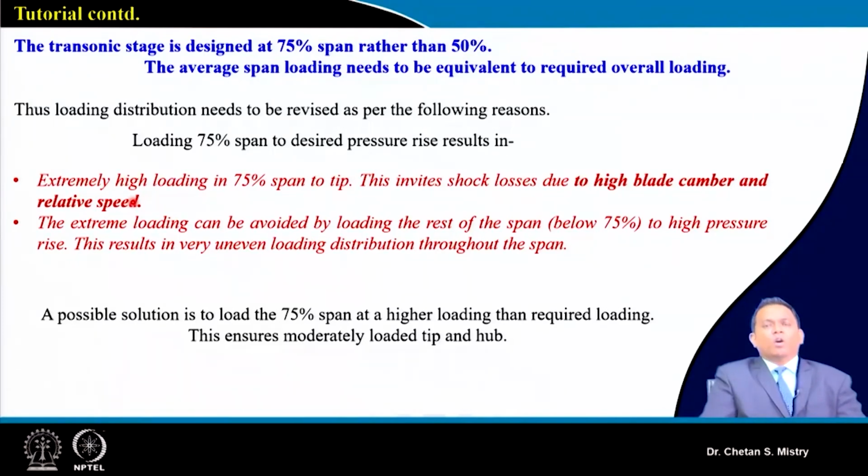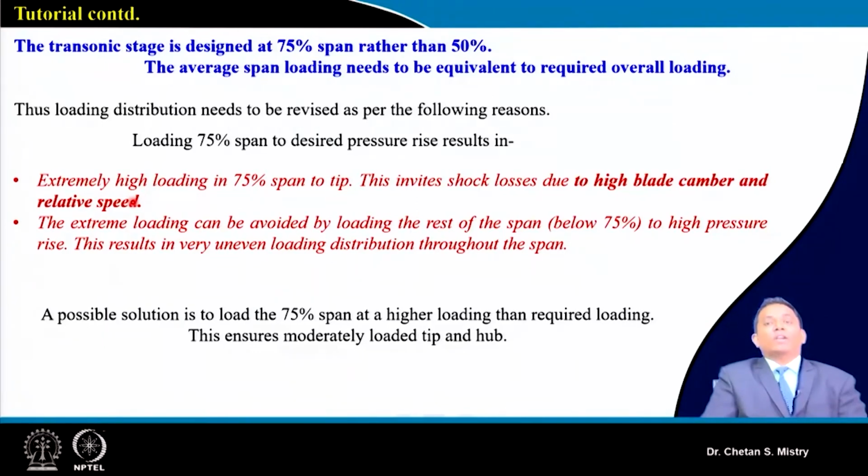Now here, a very important point that we need to discuss is the selection of the pressure distribution, or what performance we are expecting. For 50% span, we were assuming what pressure ratio we are expecting, we are assuming the same number. A similar approach we have done here for our transonic design.